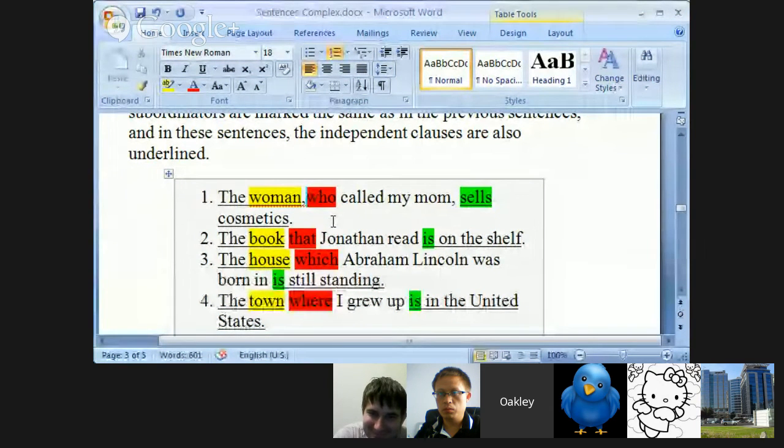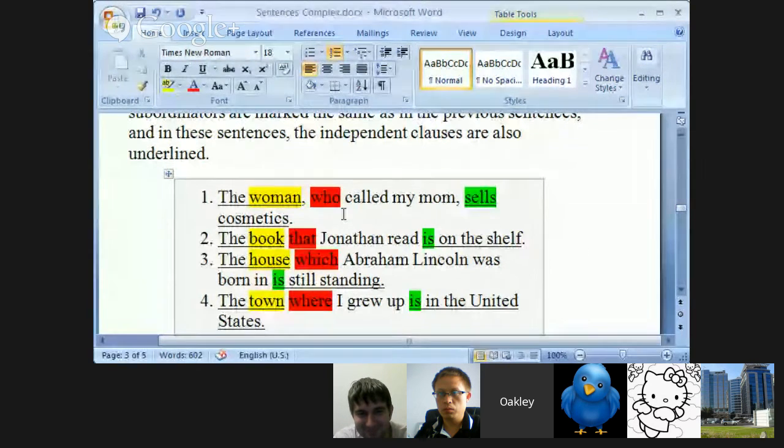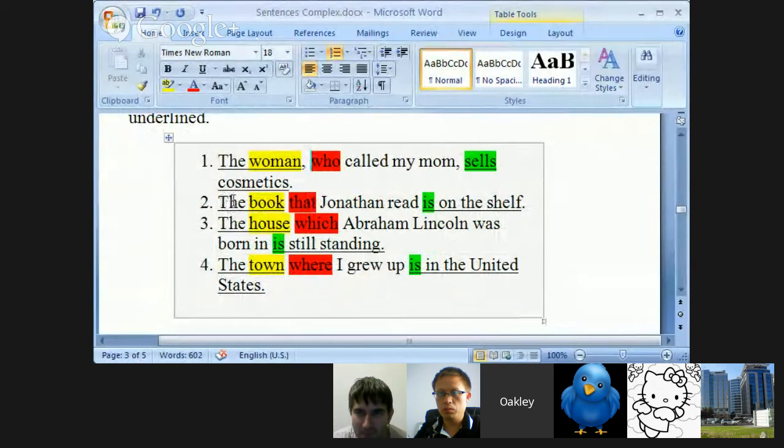That would not be wrong. It is not necessary because it is one clear idea. Notice this style. The book that Jonathan read is on the shelf. It's in the middle.